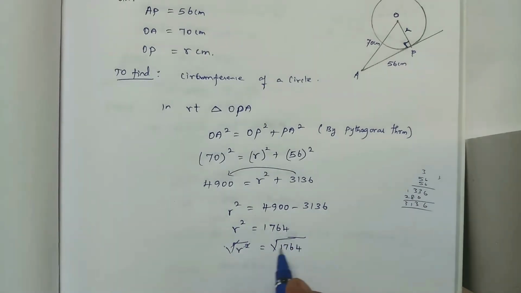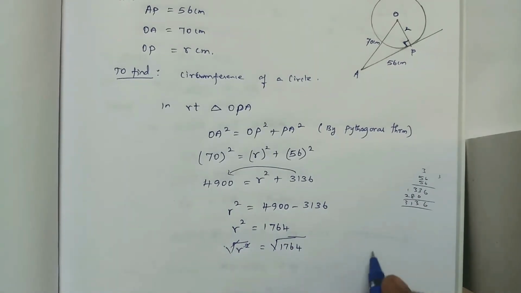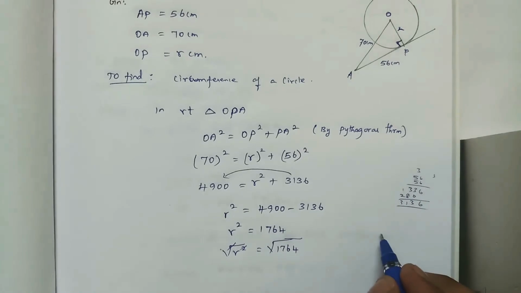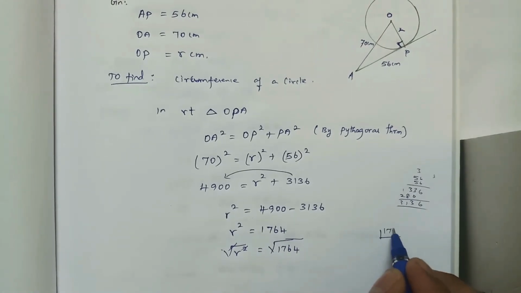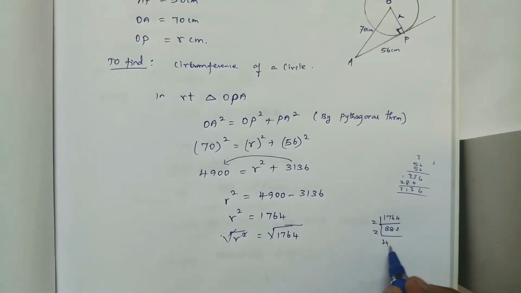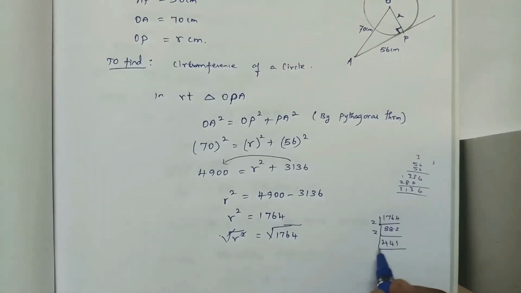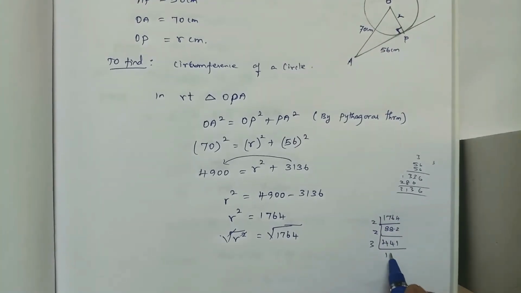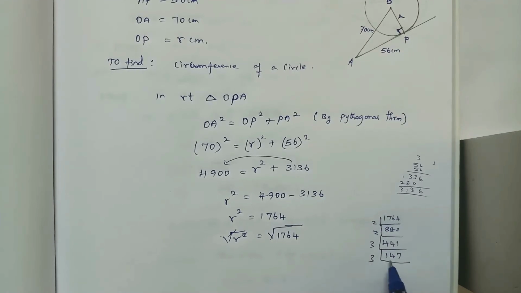How will we find the value of the square root of 1764? By the prime factorization method. 1764 is divisible by 2 twice, then by 3 twice, then by 7 twice.